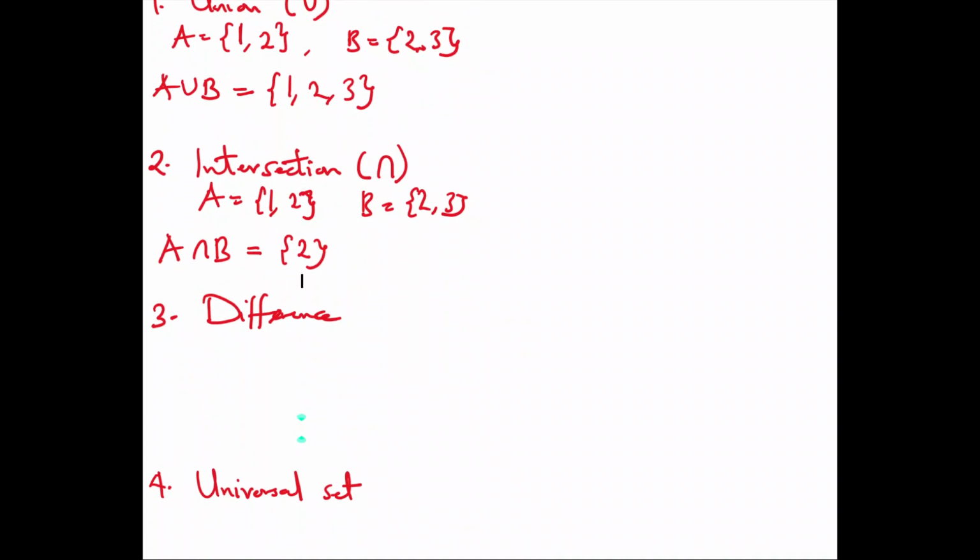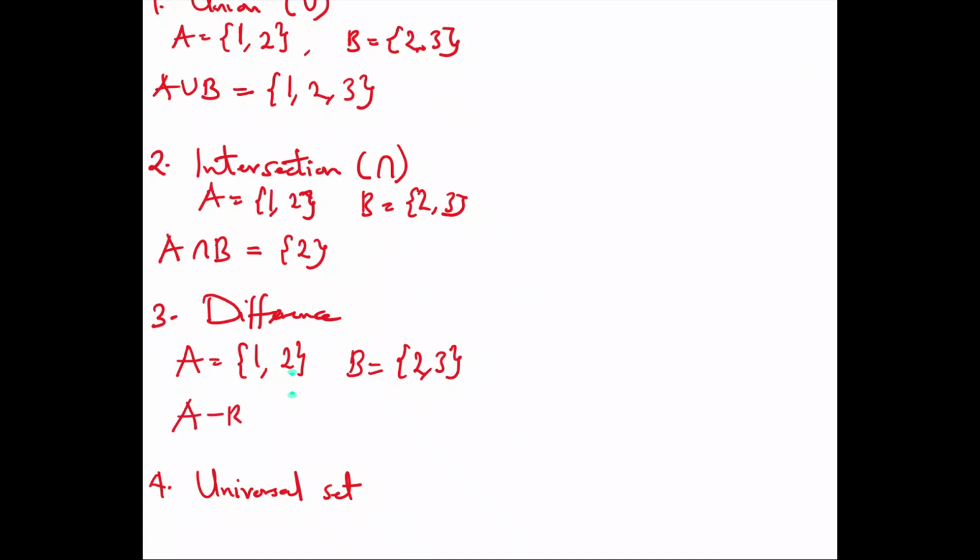This one connotes elements that are in one set but not the other. So for example, we have A is 1 and 2, and then B is 2 and 3.